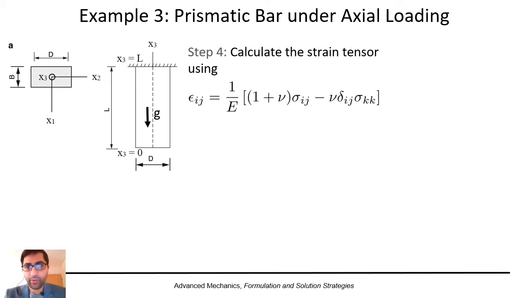Let's do it. For epsilon 1,1, we have 1 over E times (1 plus nu) multiplied by sigma 1,1 minus nu delta 1,1 sigma kk. Sigma kk is the trace of the stress tensor, so it is basically sigma 1,1 plus sigma 2,2 plus sigma 3,3.